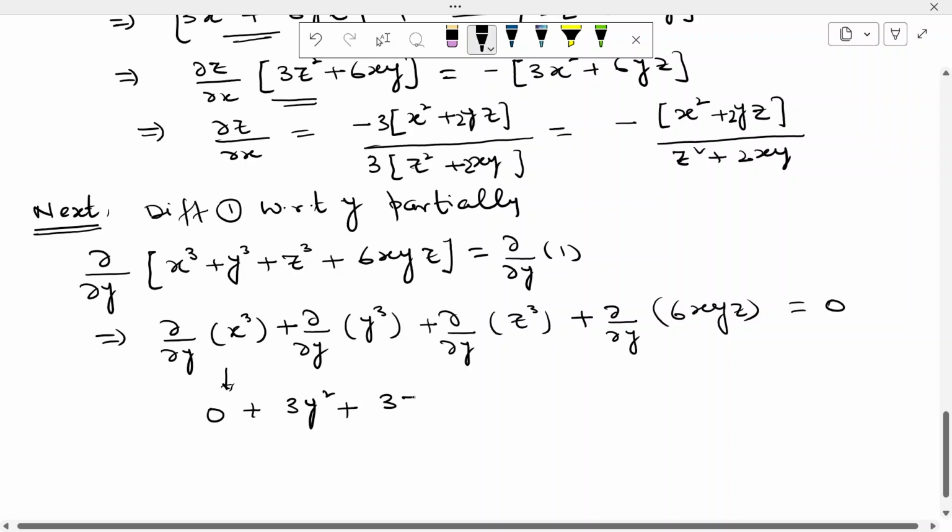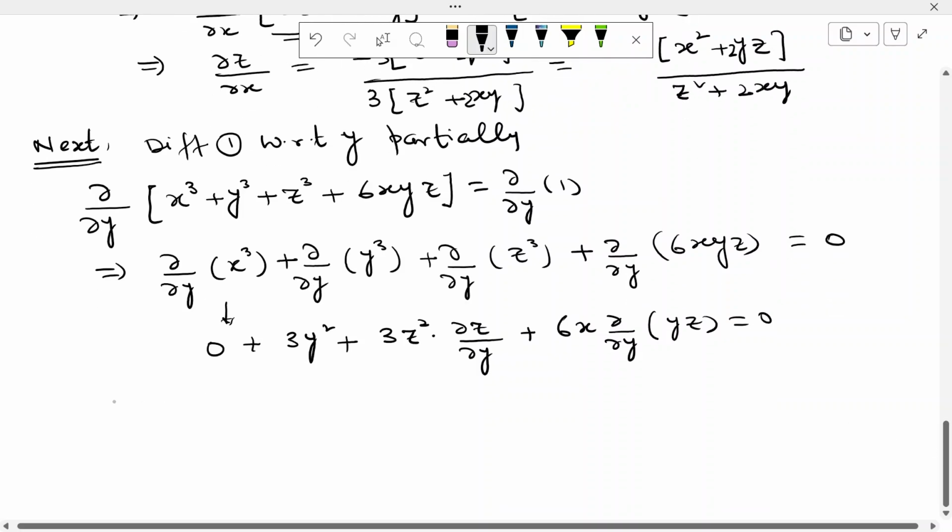So this will be 3z² ∂z/∂y, and if you take this 6x outside, because we are differentiating with respect to y, and this x is constant and 6 is also constant, we have ∂/∂y of yz = 0.